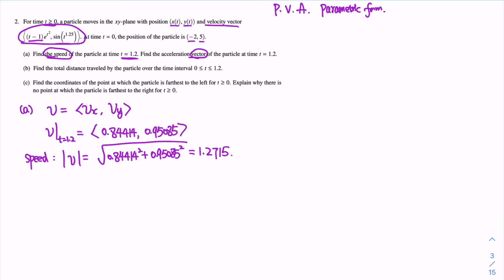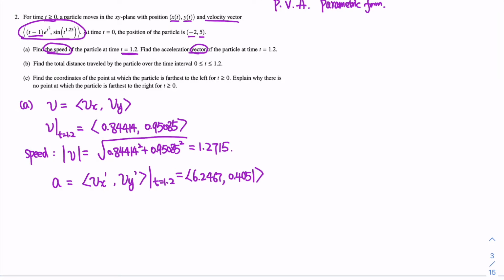The acceleration vector, we just need to take the derivative, and we plug t equals 1.2 in. 6.2467 and 0.4051. Just keep in mind, you don't have to take the derivative by hand.